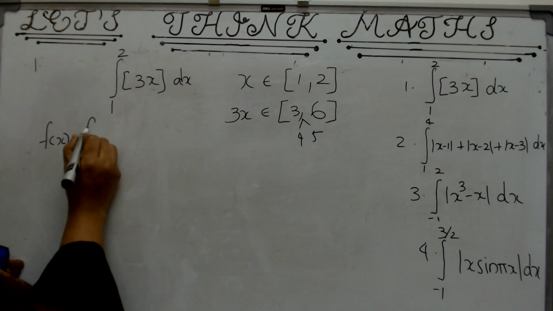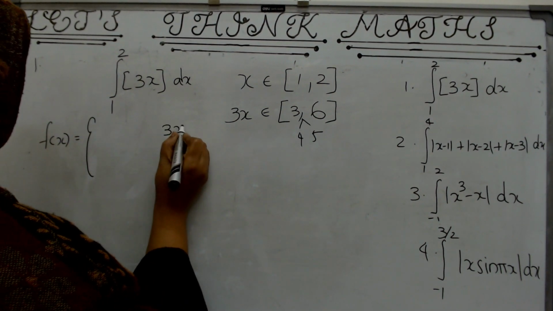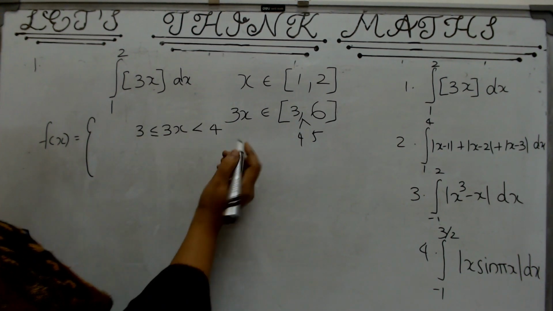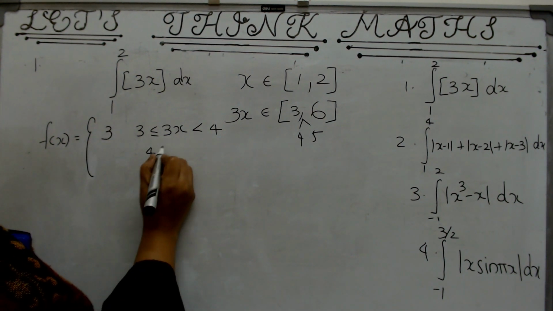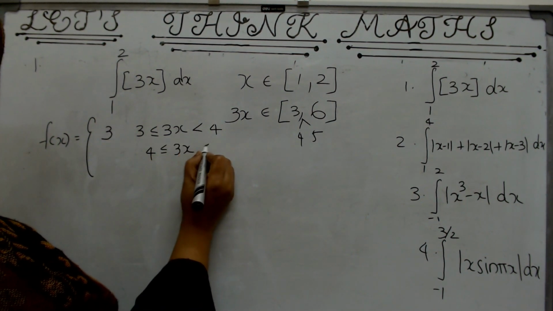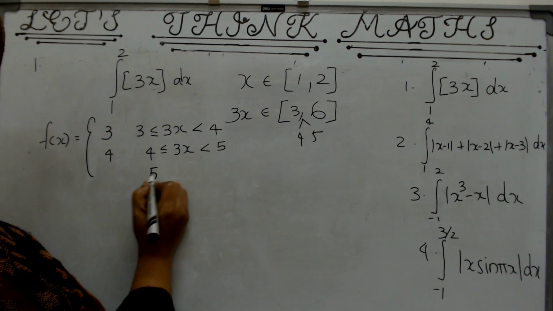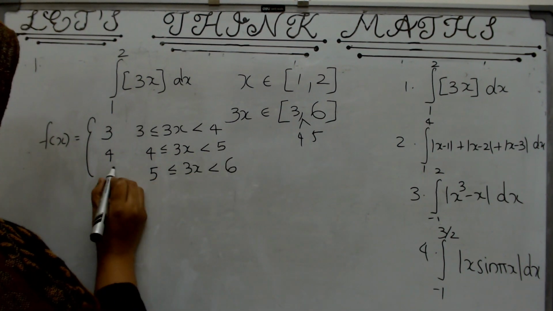Whenever it is between 3 and 4, all the values slide back to 3. Whenever it is between 4 to 5, it will slide back to the lower limit 4. Whenever it is between 5 to 6, it will slide back to 5.